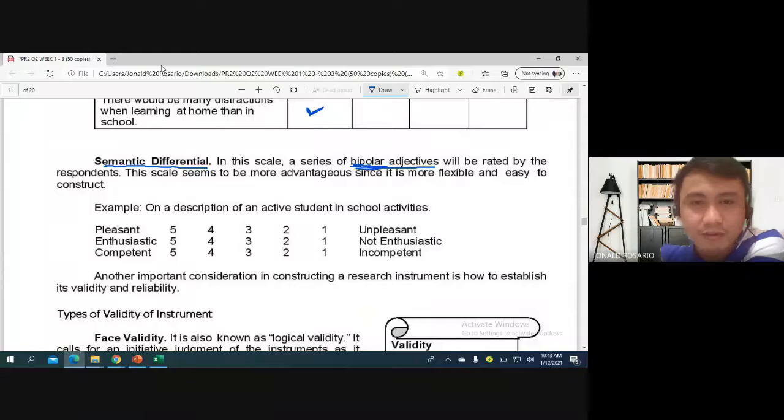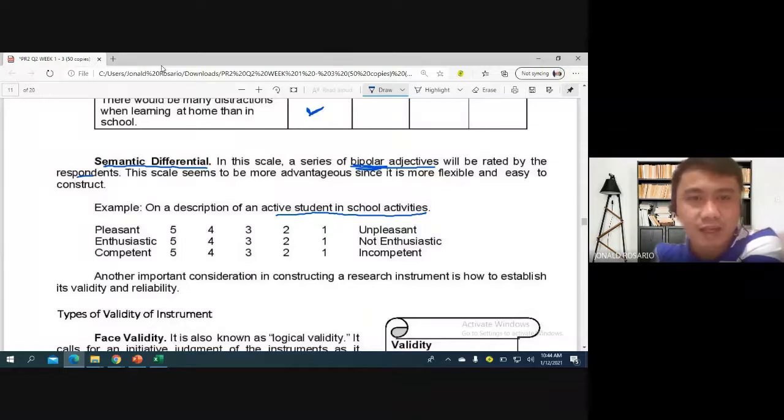So, ibig sabihin bipolar, dalawang adjectives na yung isa positive, yung isa negative. Kaya nga bipolar. Will be rated by the respondents. This scale seems to be more advantageous since it is more flexible and easy to construct.